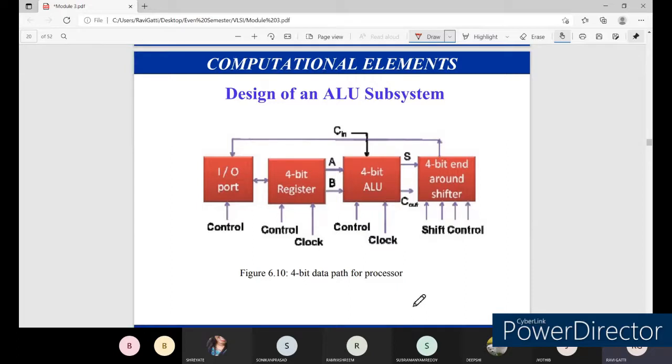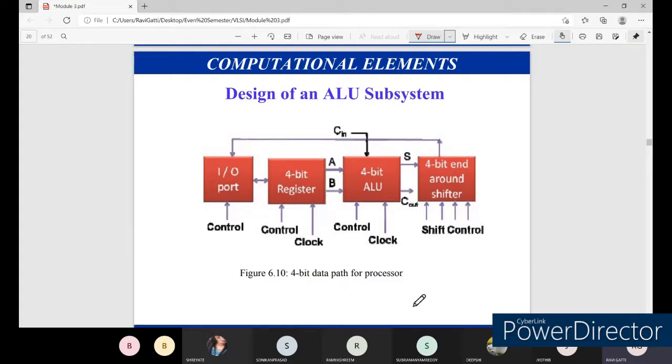These are the subsystems of the 4-bit ALU. The inputs for this 4-bit ALU are A and B, and the adder we have considered is a 4-bit adder. We are making use of Cn as one more input, and this Cn will be taken from one more 4-bit register.